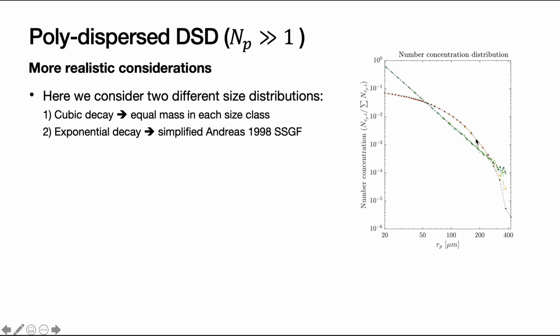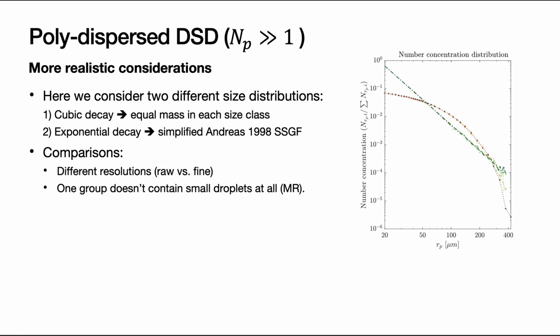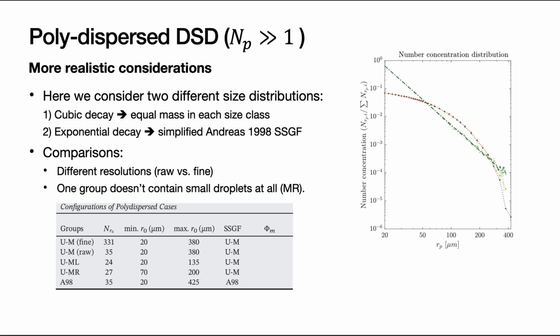This one we consider as a comparison purely because it was widely used and it is a simplified Andreas 1998 SSGF. We also had other comparisons. For example, we consider different resolutions of the realizations of the SSGF. Also, one group here is U-MR, on the left side. We don't consider the small droplets at all as a comparison.